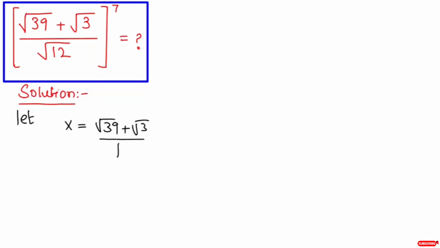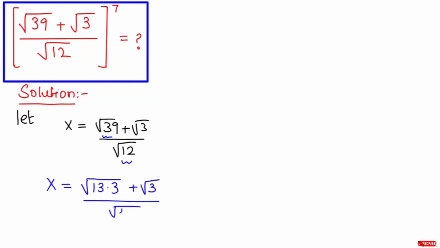over root of 12. Here, I will split the 39 and the 12. So this equation turns to x equals root of 13 times 3 plus root of 3 over root of 4 times 3.